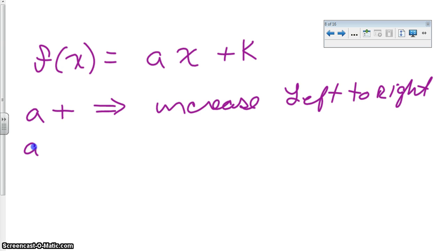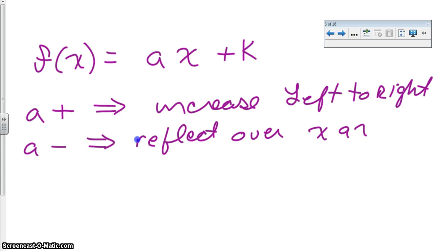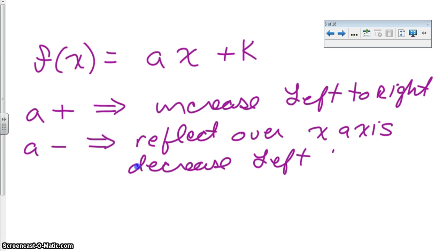If A is negative, it will reflect over the x-axis and decrease left to right.